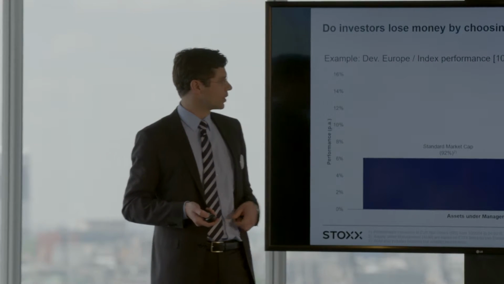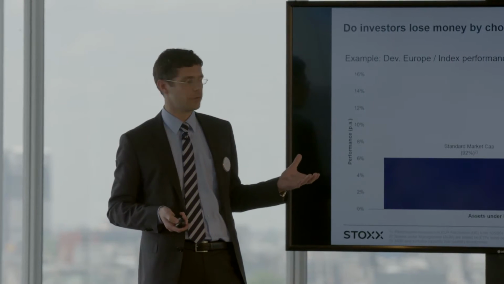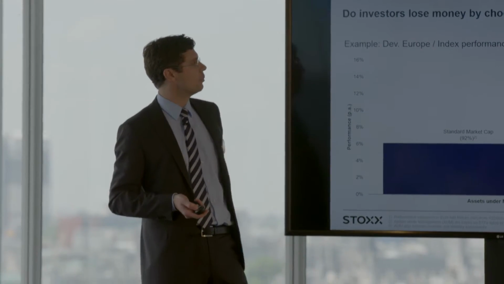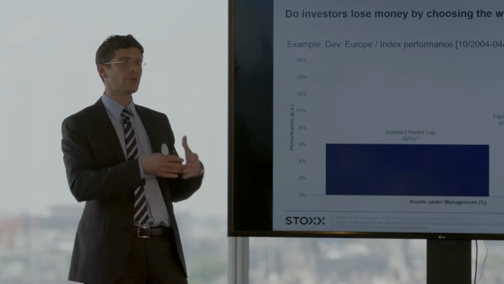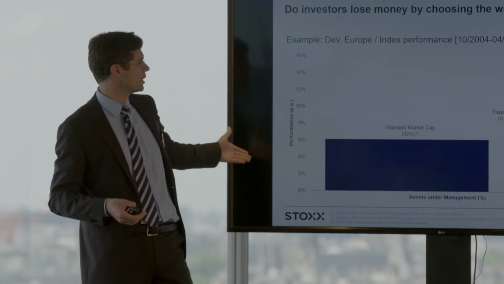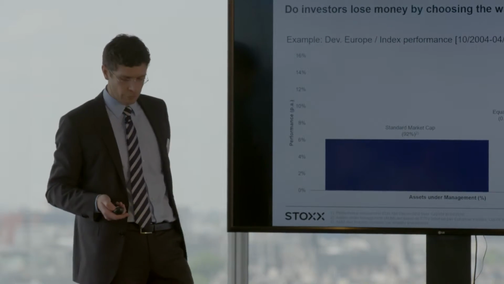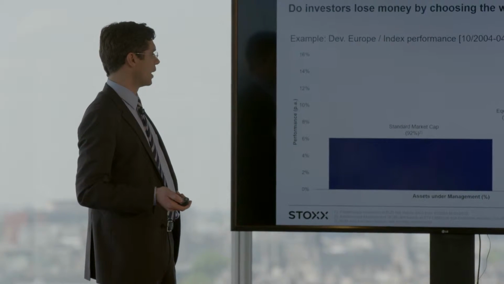Applying a single factor concept such as minimum variance would have added another 2 percentage points to overall performance, and the multi-factor approach that systematically captures premia from various different sources of risk would have more than doubled returns from 6% to, as we see here, 14% over the course of the last 12 years on a per annum basis.